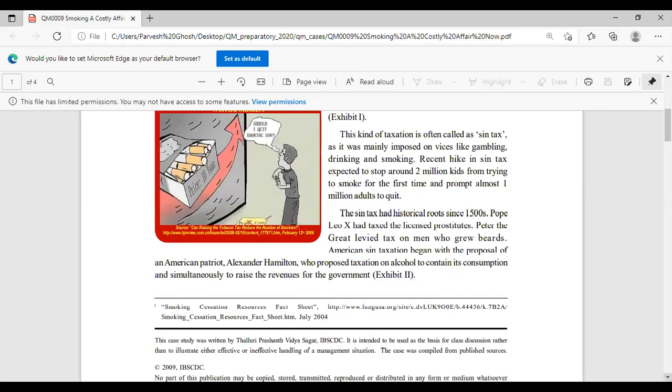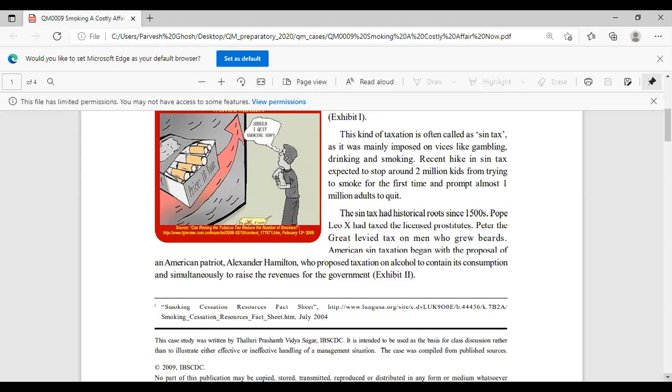Now, Pope Leo X taxed licensed prostitutes. So there are different types of taxation. Peter the Great levied a tax on men who grew beards. So I have to pay tax, I am having some beard.